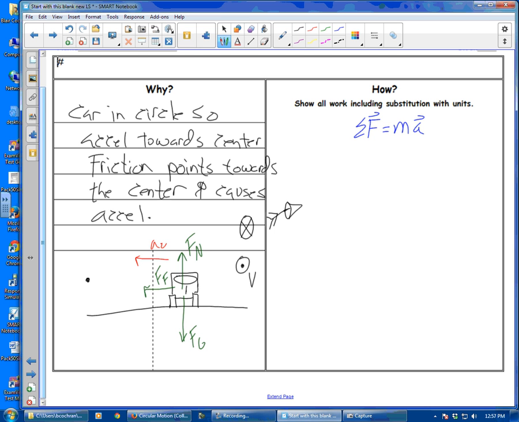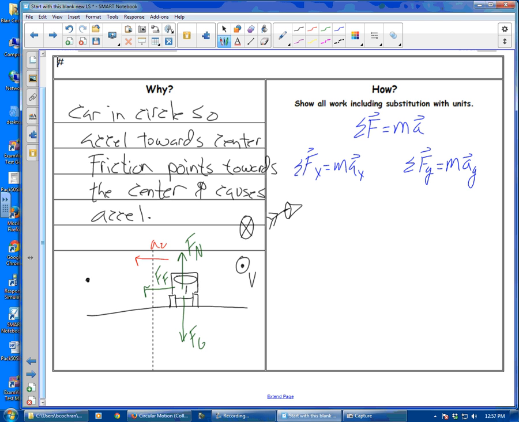Start with Newton's second law. Sum of the forces in the x equals m a_x. Oh, all that stuff again. Old piece of cake. Which way do you want to call x and y?